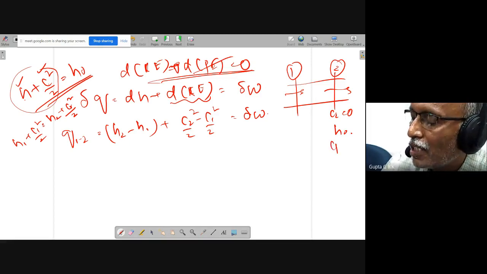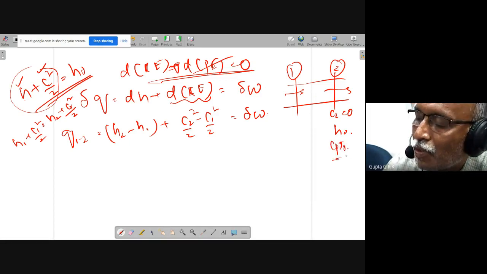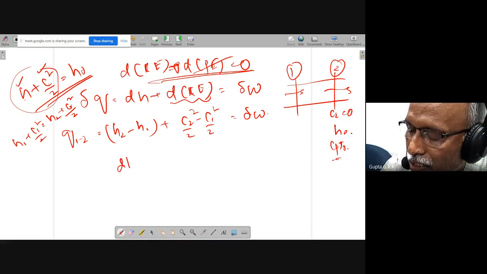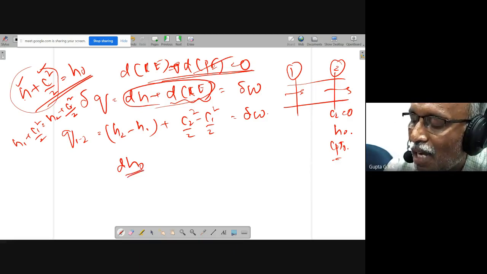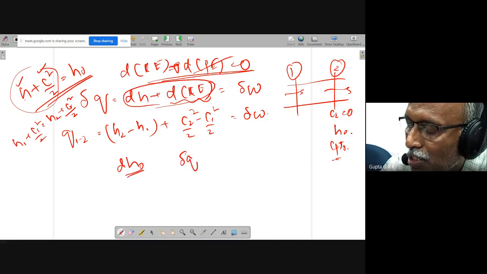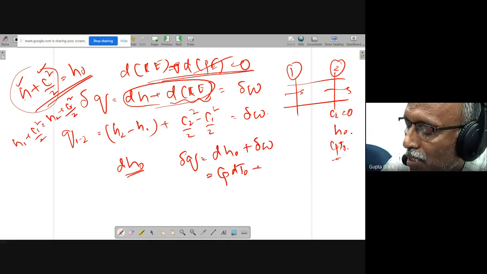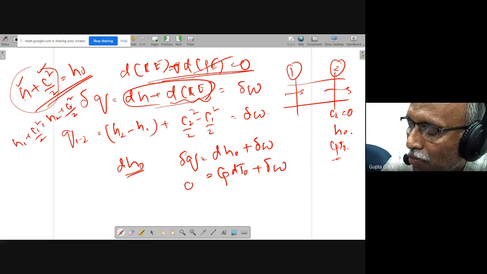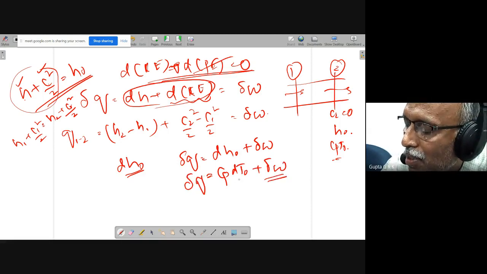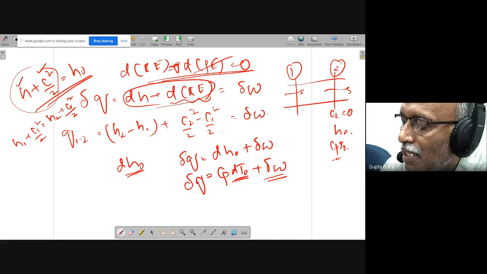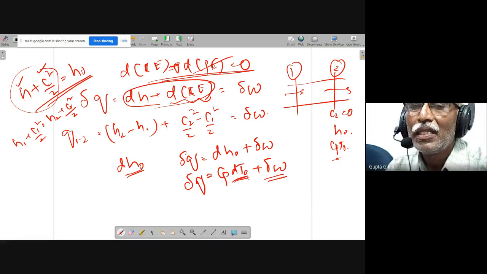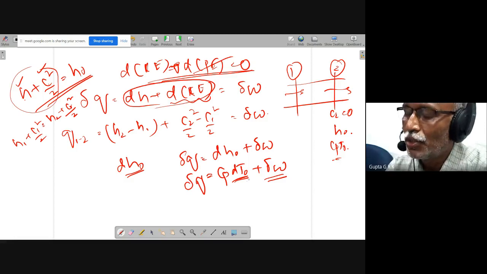So H naught is CP T naught. What we are doing now is, this dH plus d of KE, we write as dH naught, not dH only. So delta Q is equal to dH naught plus delta W, or CP dT naught plus delta W. So if I want delta Q or delta W, I have to use not dT but dT naught, to consider the change in kinetic energy also.